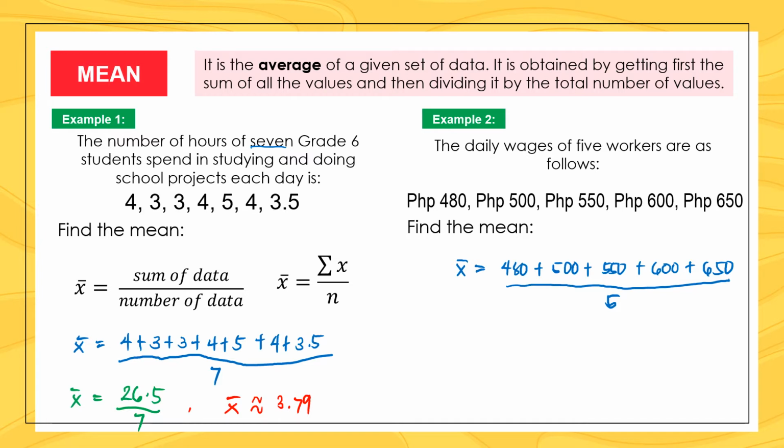So let me type it in my calculator. The sum of the data is equal to 2,780, divided by 5. We will have 556. So the mean or the average daily wage of 5 workers is equal to 556 pesos.